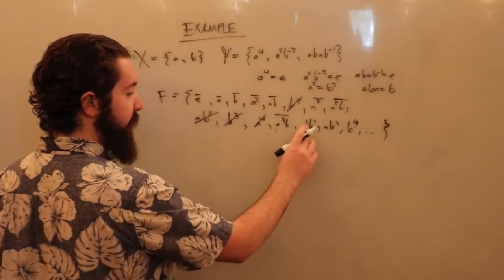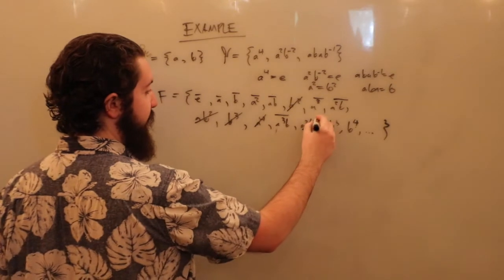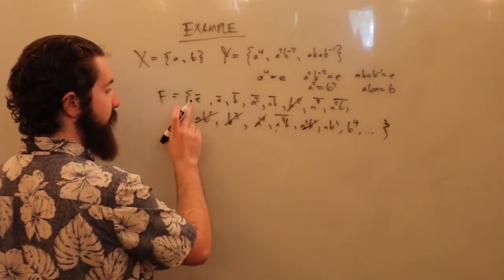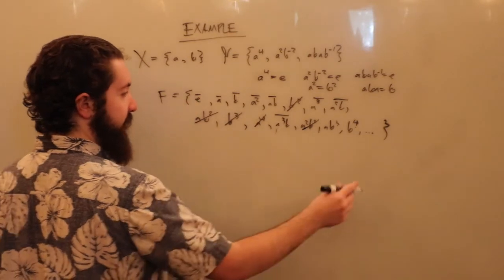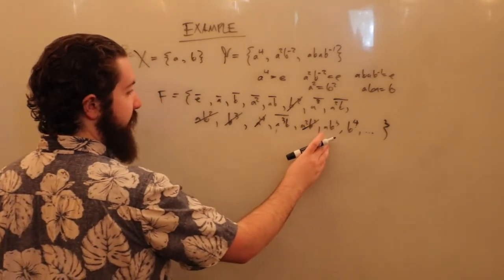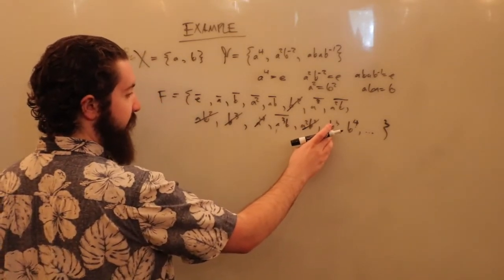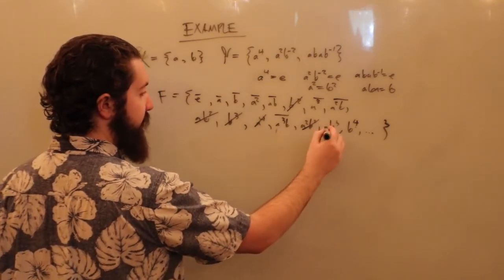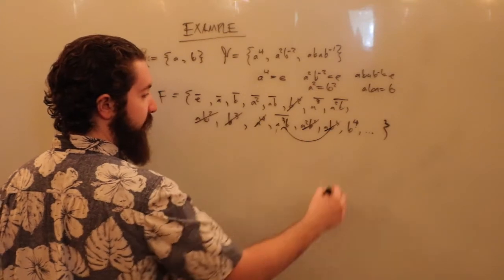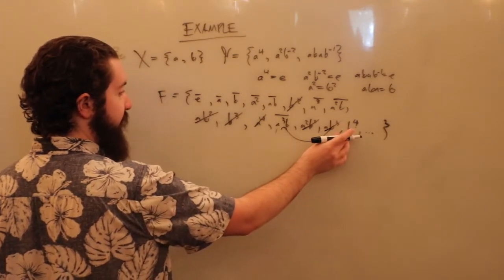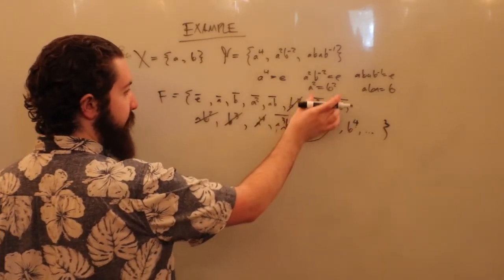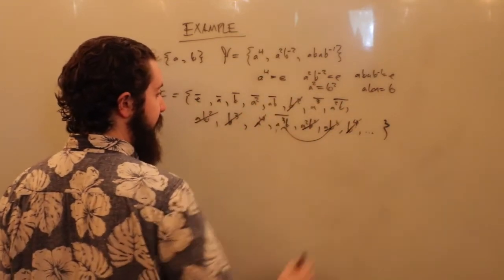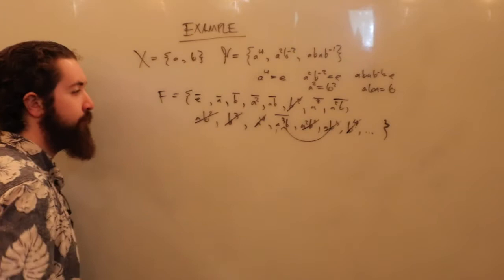Then A squared B squared is going to be in the identity equivalence class because this is the same as A to the fourth, which is the same as the identity. A times B cubed is going to be the same as A cubed B, right? So this is going to belong to that equivalence class. B to the fourth, again, is the same as A to the fourth because of this, and this is equal to the identity equivalence class.